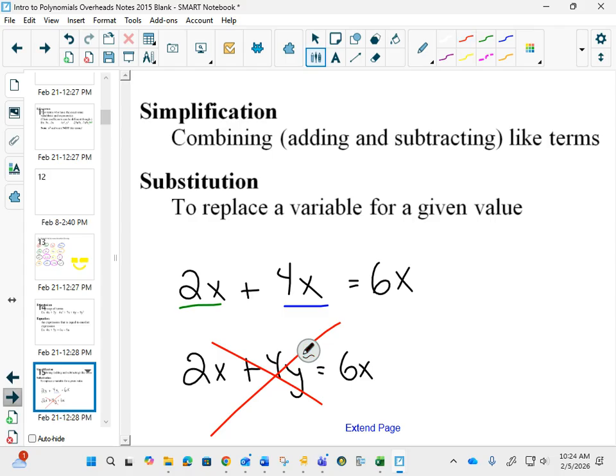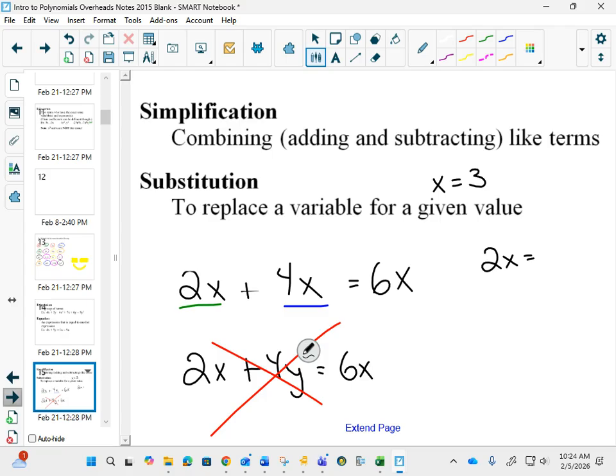Then substitution. Substitution is when you replace the variable with a given value. For example, if I tell you x is 3, what's 2x equal to? X would be 3.